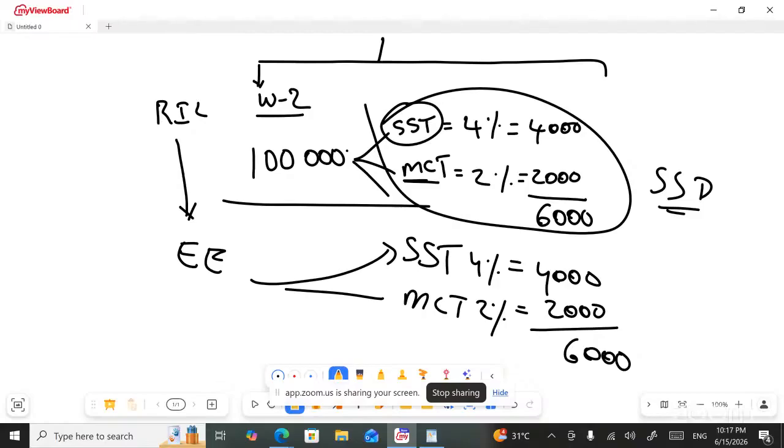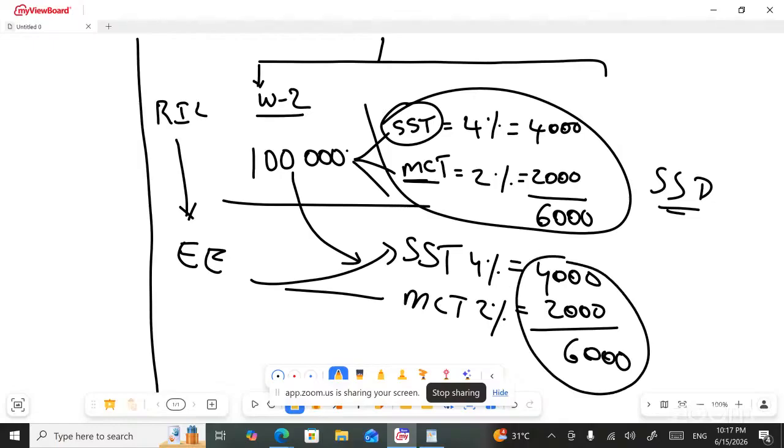In our case, at the time of payment of salary, the employer will not hand over the entire 1 lakh rupees directly to the employee. Out of this 1 lakh, the 6,000 contribution to be made by the employee will be deducted. That means 1 lakh salary is to be paid to the employee, and the employee contribution to be paid by the employee will be deducted by the employer.